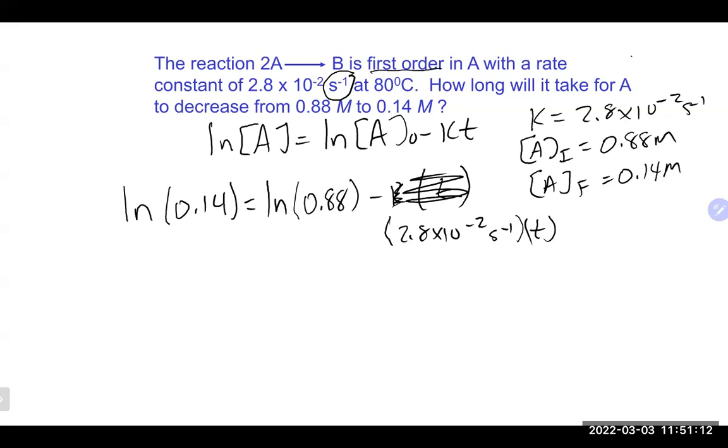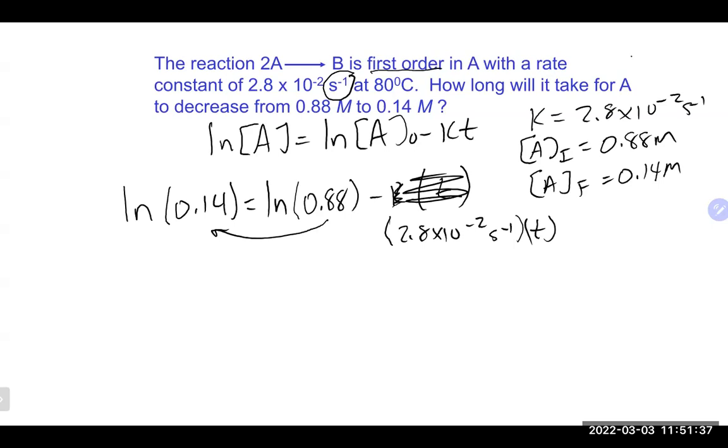All right, at this point, if I'm going to do this on my calculator, we're going to take the natural log, which is the ln button on your calculator, of 0.14. I'm going to hit equals. I'm then going to basically subtract this to the other side, taking it away from the natural log of 0.88.